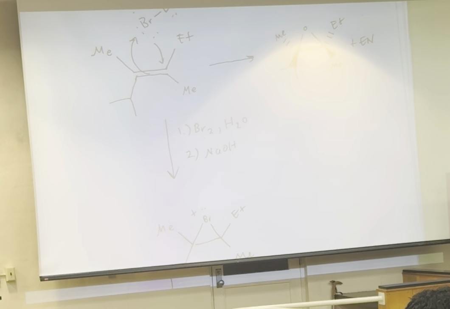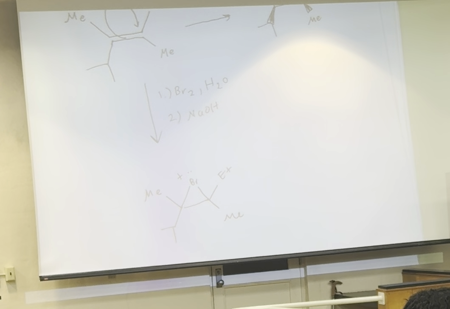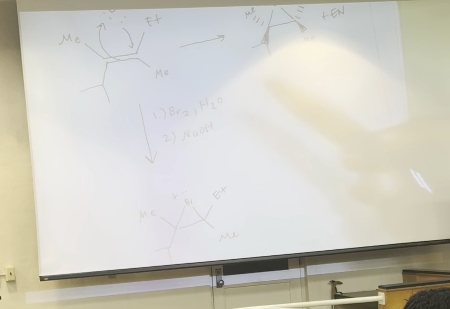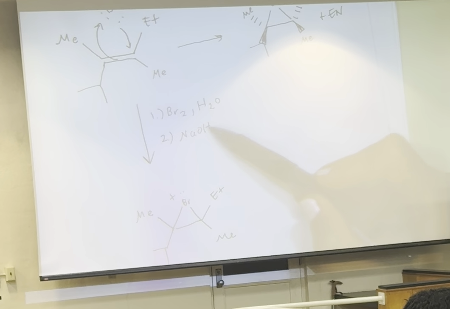okay. And then we have attack of the H2O, and the H2O is going to attack the less substituted carbon. So I would not give you this version of the problem, okay? Because this has complexity in it. We get a mixture of products. But I could ask you, what is the product of this reaction?